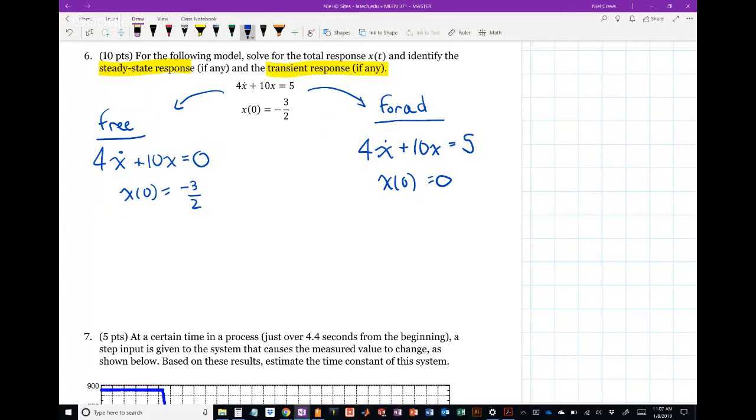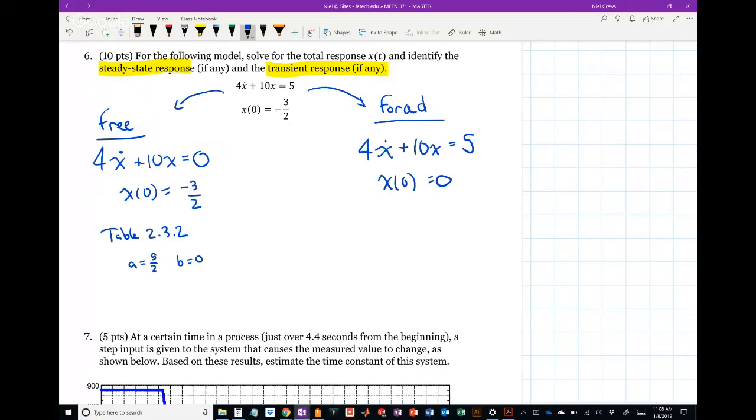Using table 2.3.2, the form here, we've got A is 5/2 and B is going to be 0. Remember, we need a coefficient of 1 here, so 10/4 is the same as 5/2.